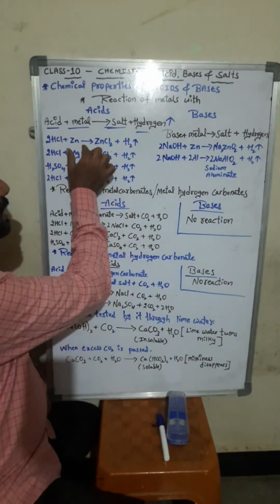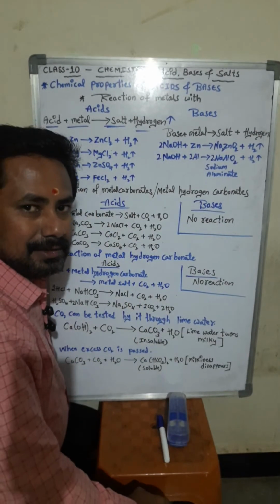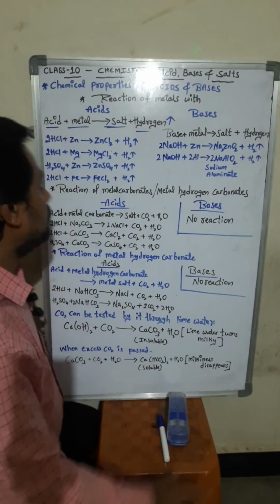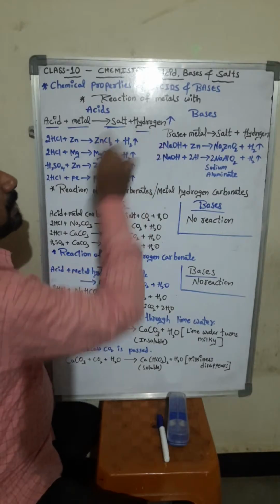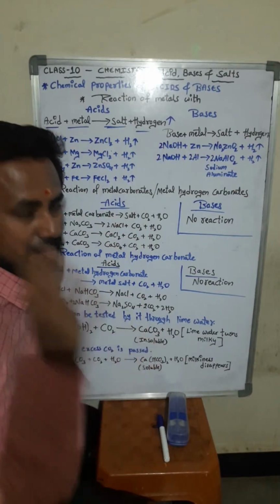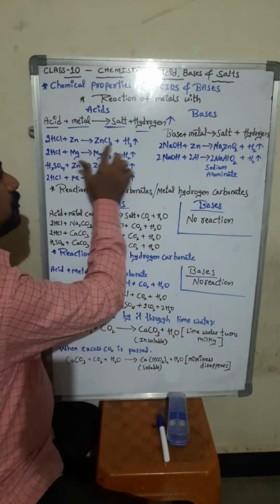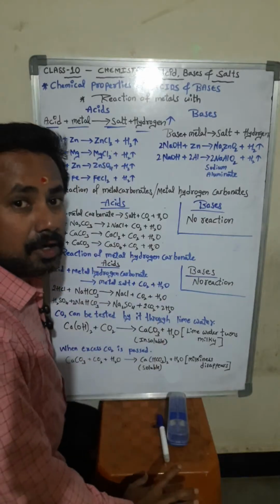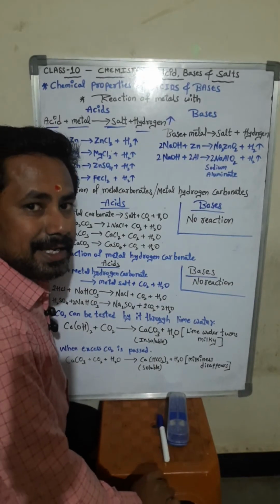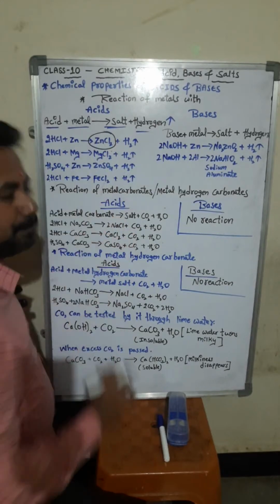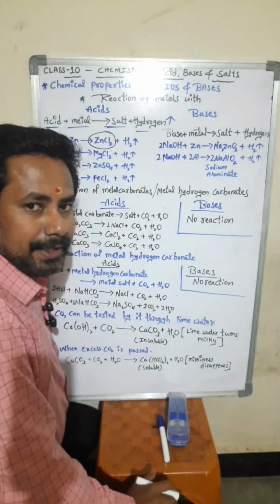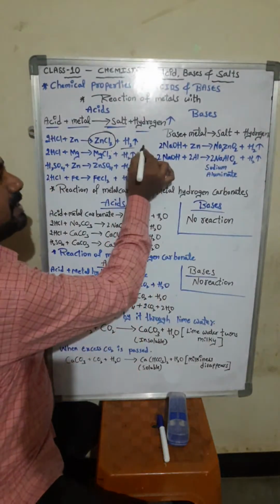This zinc metal is reacting with acid, HCl, hydrochloric acid. Metal is reacting with acid, so salt plus hydrogen gas, the formula we understood. Which salt is forming here? Zinc chloride, ZnCl2. It is a metal salt, and hydrogen gas is liberating.